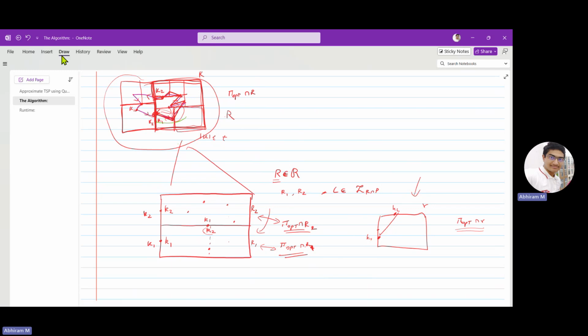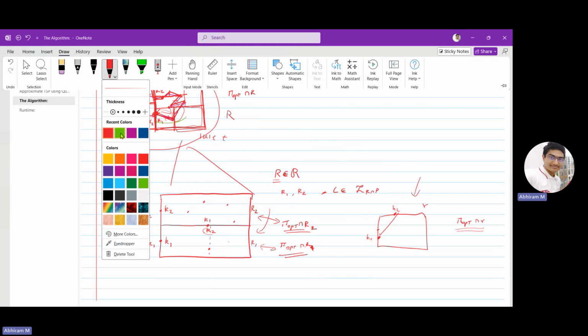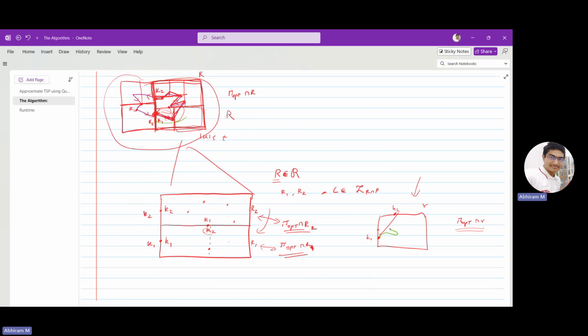So let us say that I actually instead found this green path, something like this, which happens to be shorter for some reason. I mean, of course, in the Euclidean case, it won't happen, but until we have proof that it won't happen, we cannot assume that it won't happen. Let us say that it returned this instead because this was shorter than just the straight line. And remember that we are going to be considering the straight line. Then that would mean that this is shorter.